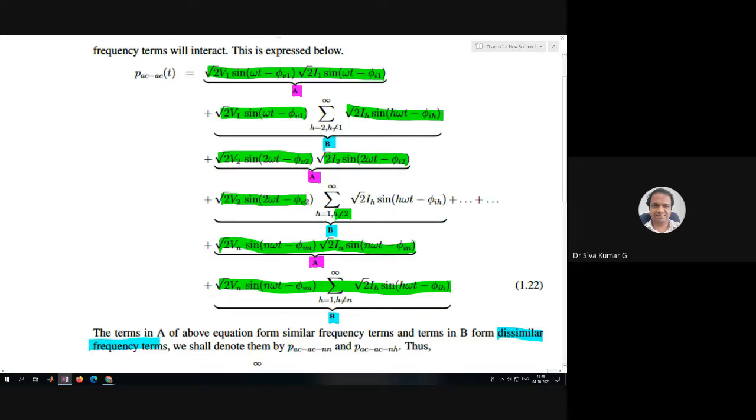Now we can denote that as AC NN and AC NH. N is the current with respect to the voltage, and H is all the other harmonic components apart from N. We have two terms over here.